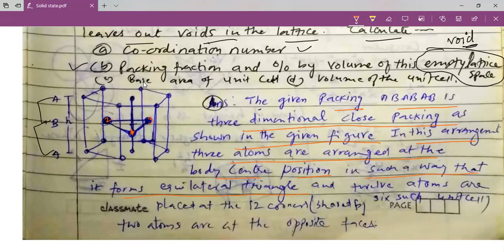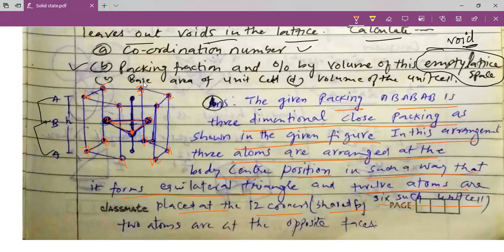That means all the sides of this triangle are the same, and 12 atoms are placed at 12 corners. You can see these 12 atoms, 1 through 12. These are the 12 atoms present at the 12 corners.